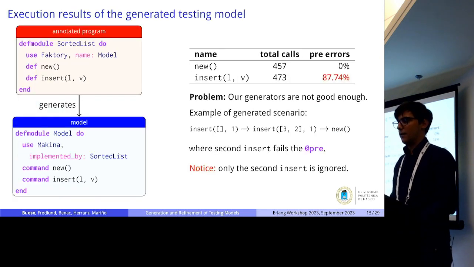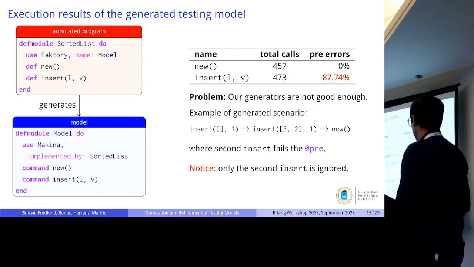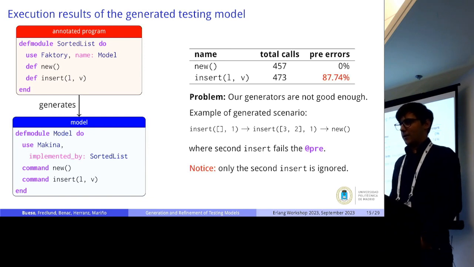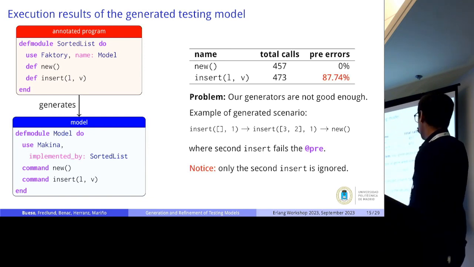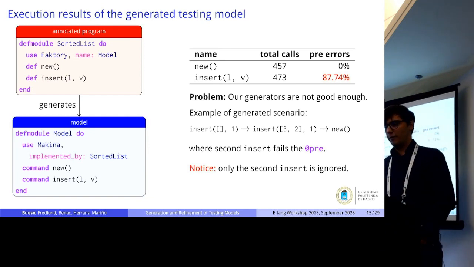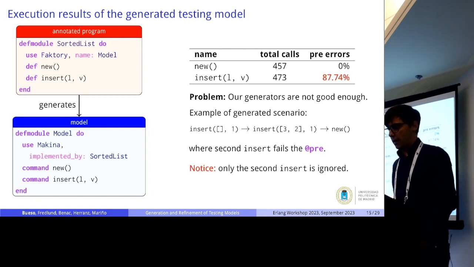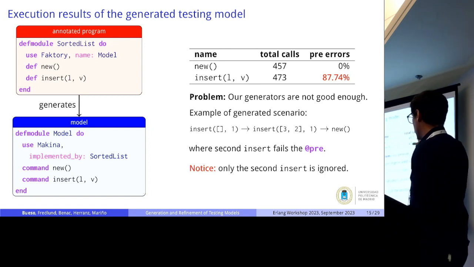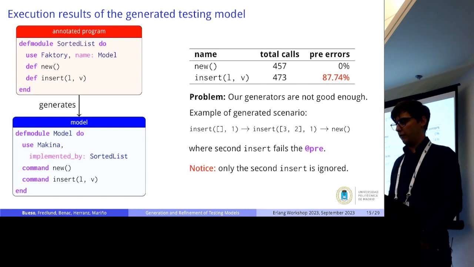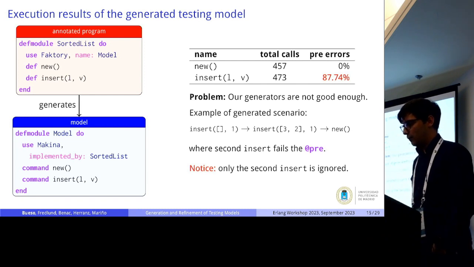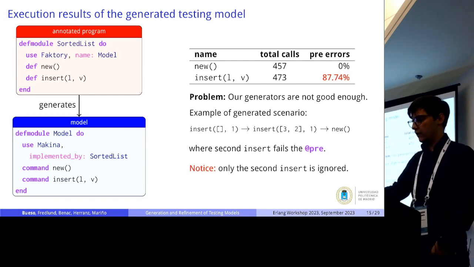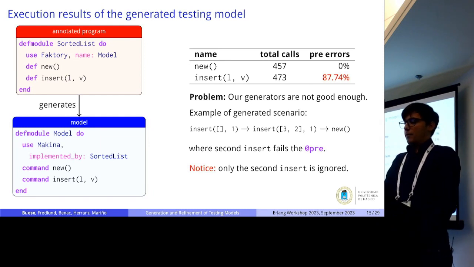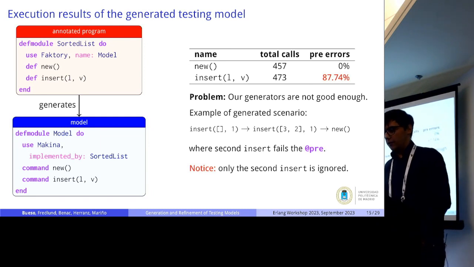Here we have some execution results which are a bit disappointing, because we've made a lot of calls to both functions in our API, but nearly 90% of our executions fail to pass the precondition checking. So the problem is that, of course, our generators are not good enough.